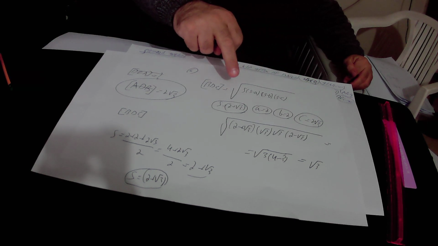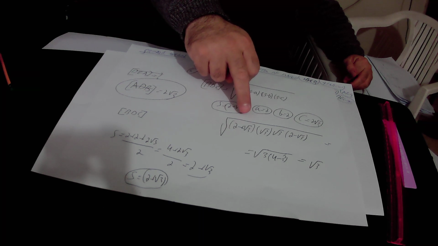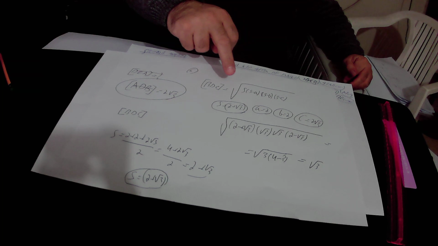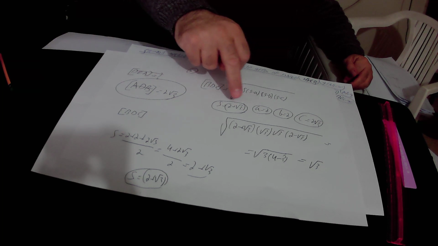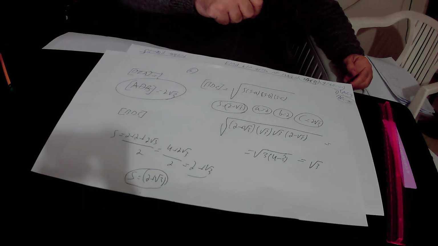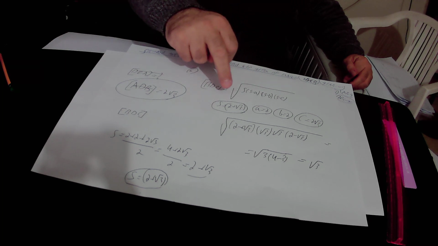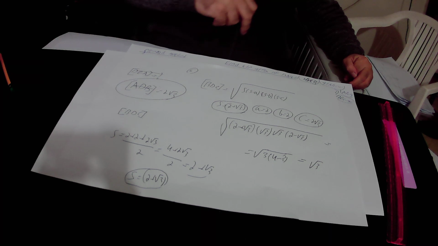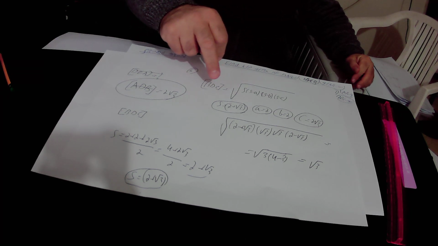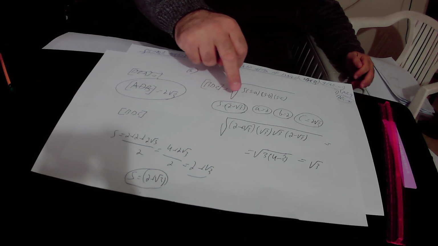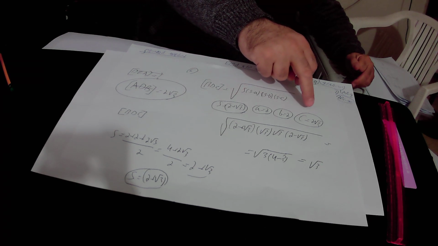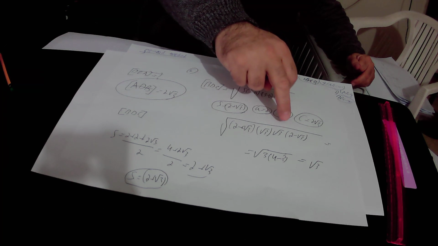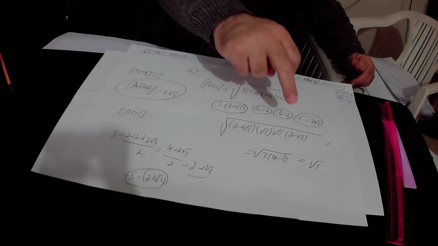So S is 2 plus square root of 3. S minus A is 2 plus square root of 3 minus 2, which is square root of 3. S minus B is 2 plus square root of 3 minus 2, that is square root of 3 also. And S minus C is 2 plus square root of 3 minus 2 times square root of 3, that is actually 2 minus square root of 3.